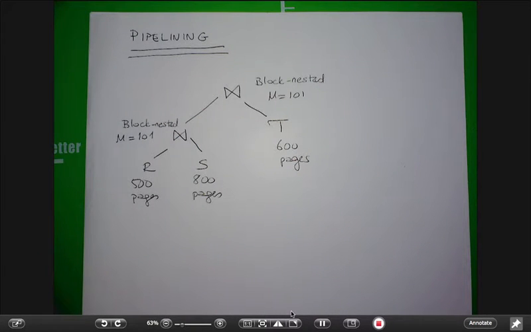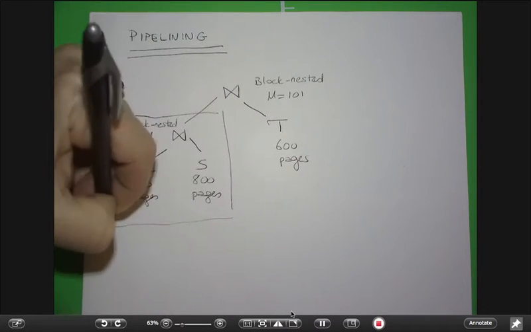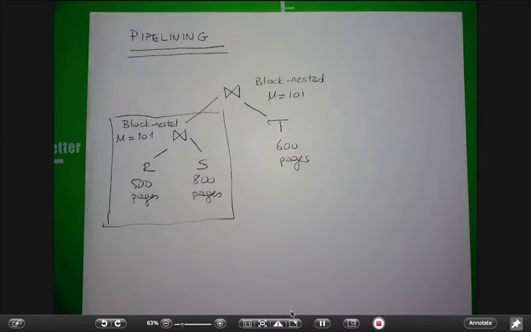For example, we know how to estimate the cost of a join like this. If I'm doing a join between R and S, R is the outer relation, S is the inner relation, and I have 101 blocks.